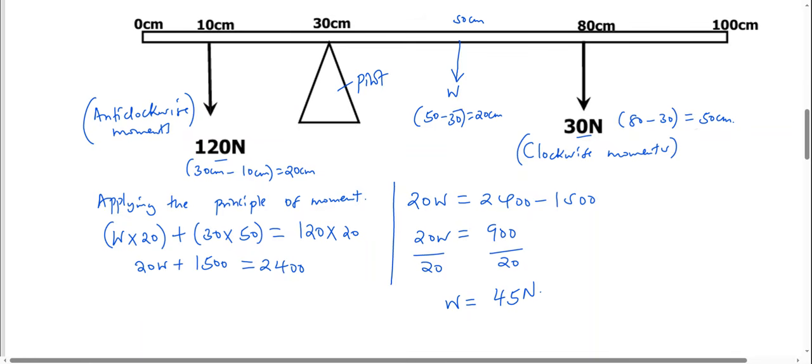That is for the case of that problem. So whenever you encounter such and you've been told that it is a uniform meter rule, meaning its weight is concentrated at its center.